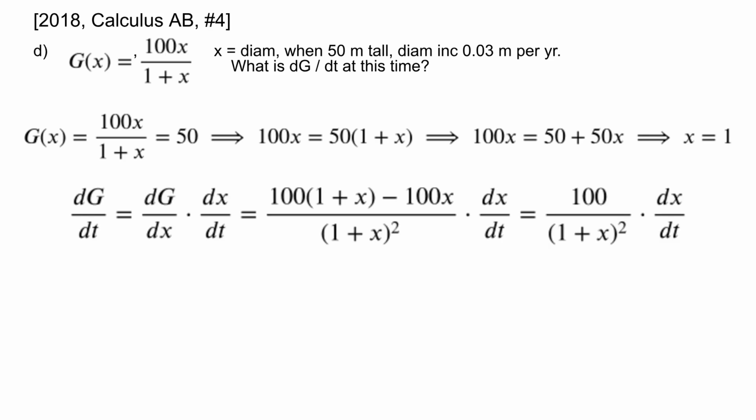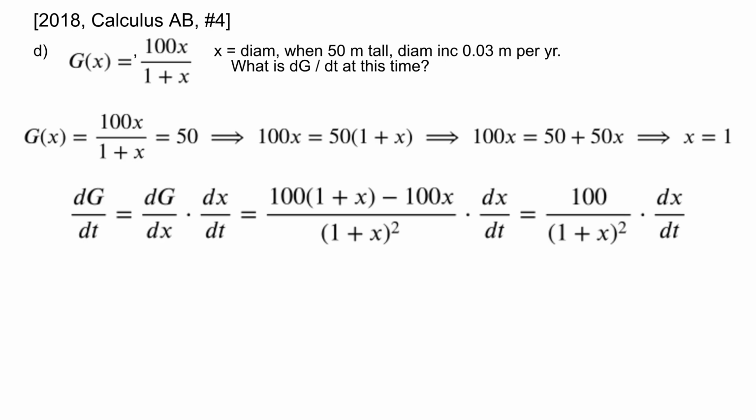dg dt, by definition, and the chain rule is dg dx times dx dt. We can find dg dt by finding the derivative of g using the quotient rule and then multiplying by dx dt. Dg dx is 100 times 1 plus x minus 100x all over 1 plus x quantity squared.